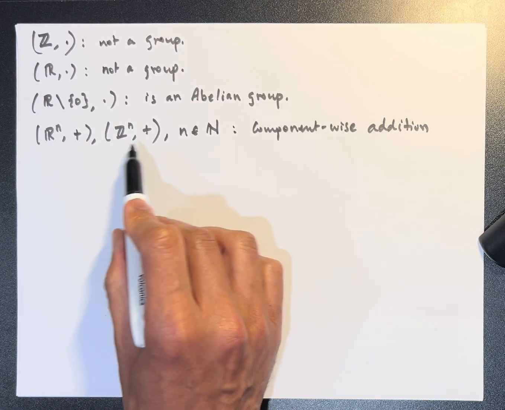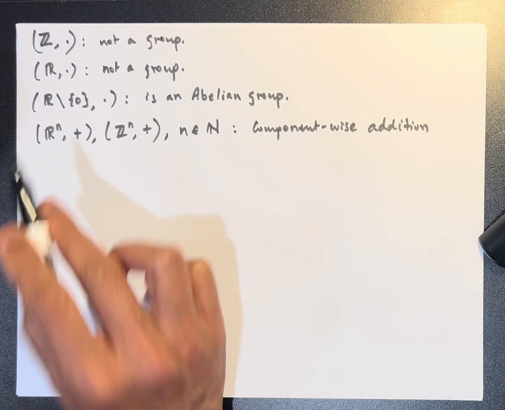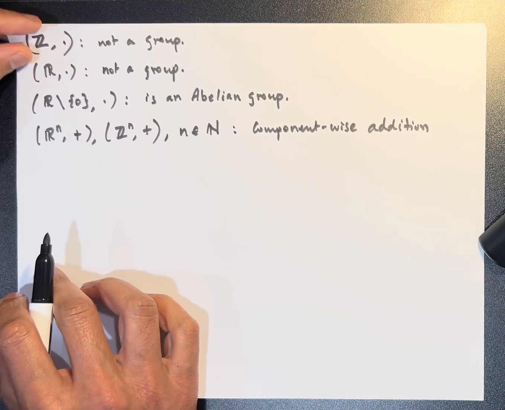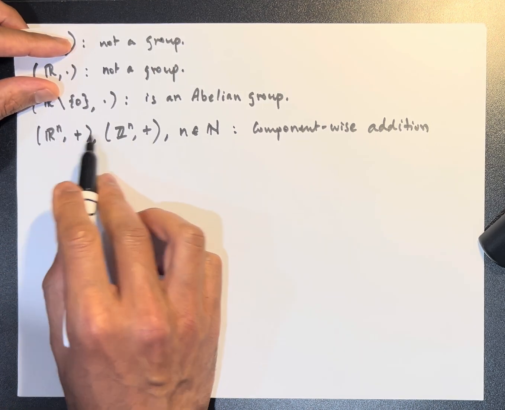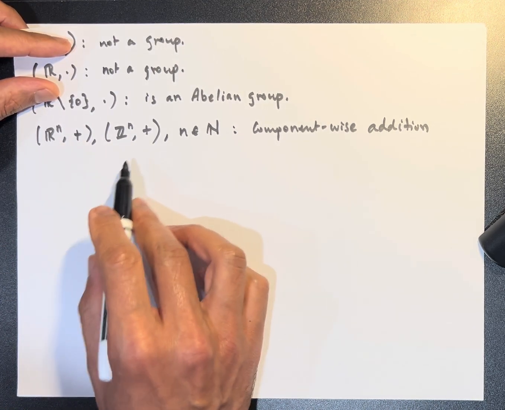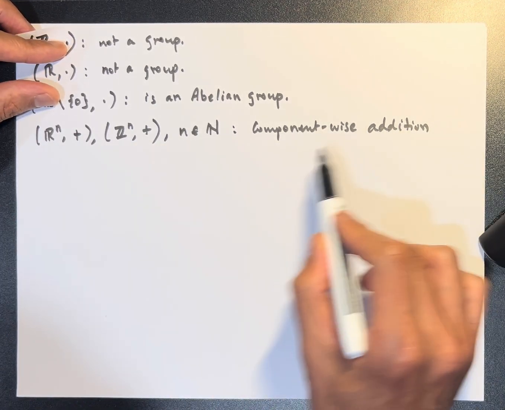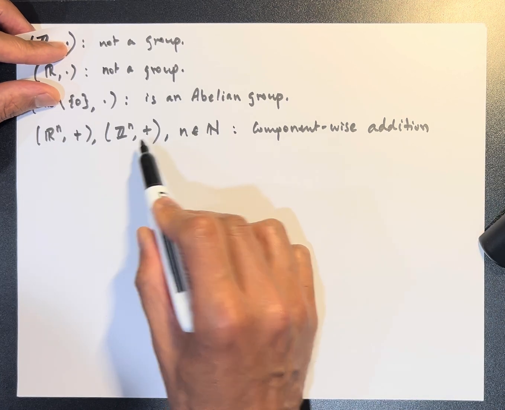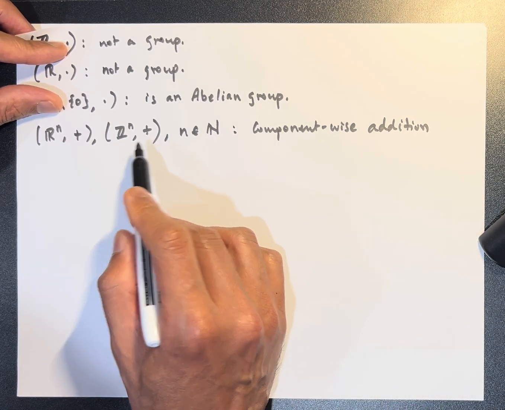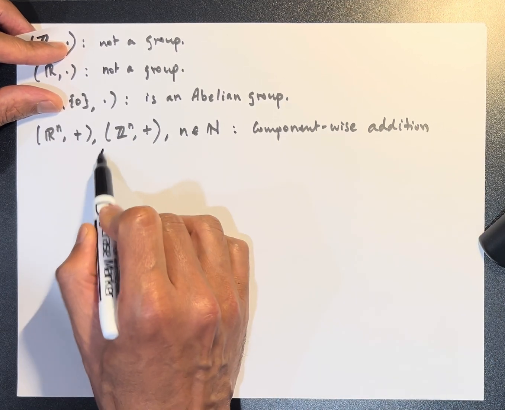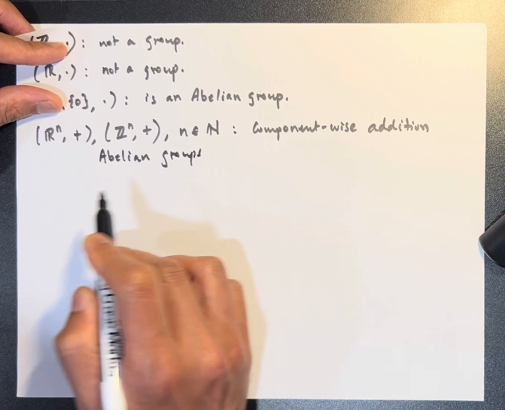You take them, add them up, and you get another n-dimensional vector in the same set. The inverse element also exists for both of them, because you just take the negative of each element and add them up, and the all-zero vector becomes the neutral element. So that works. These are both abelian groups.